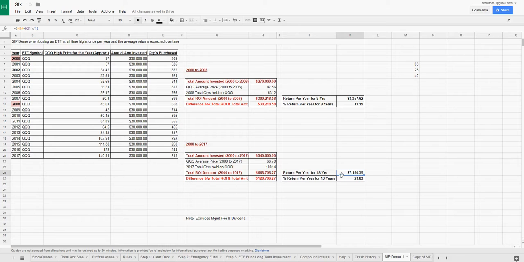If I divided it by 18, I made $7,000. So over the time, it even doubled what I initially put in, right? That's the power of compounding. So I got a return of 23% over the last 18 years with these numbers, okay?